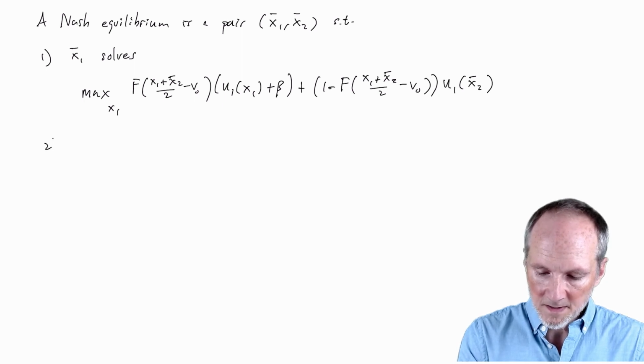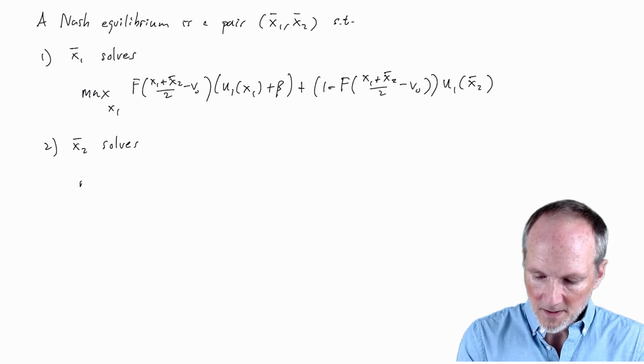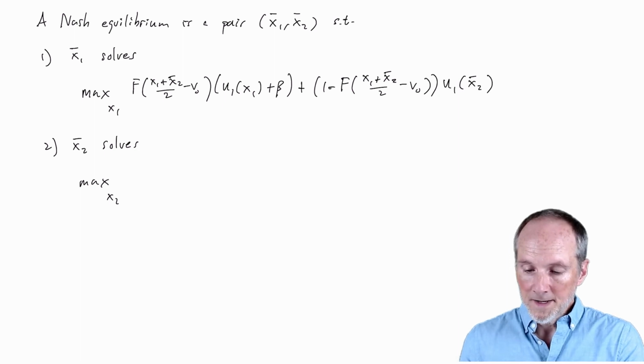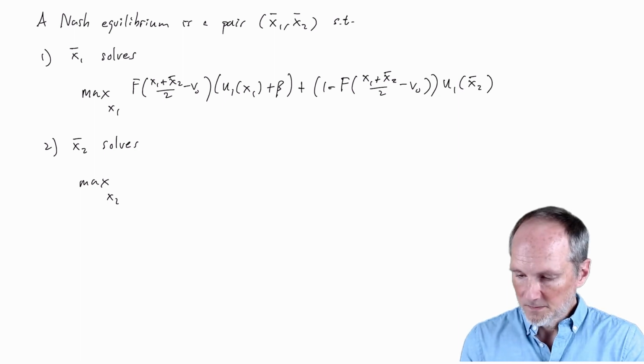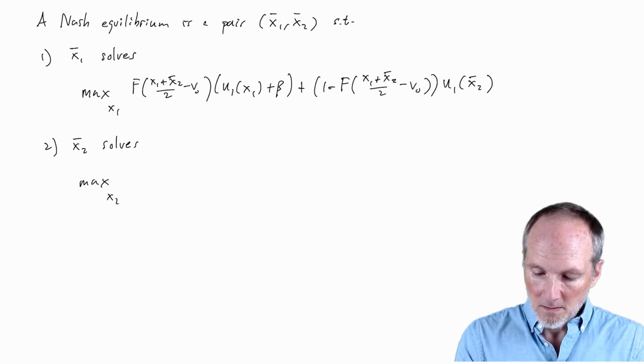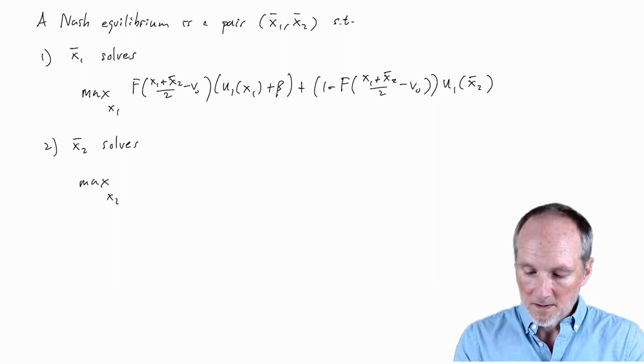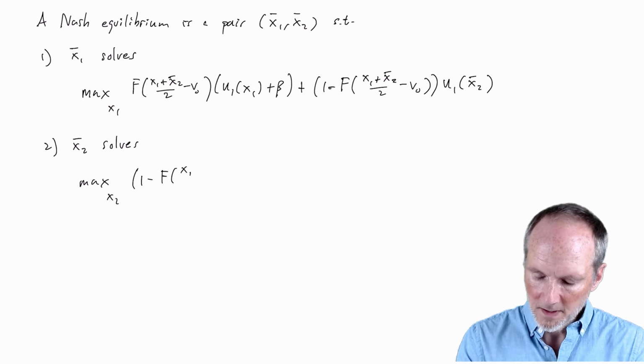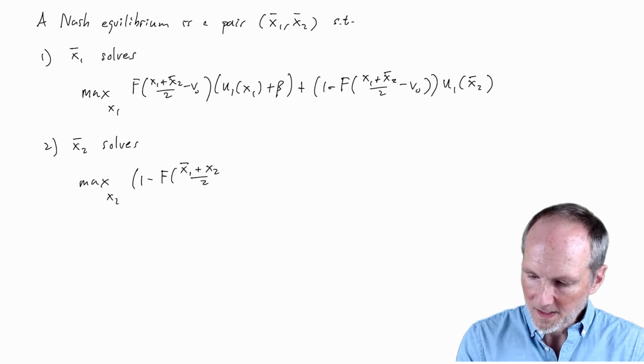The second condition is that politician 2 chooses optimally as well. So their proposal has to maximize their expected utility, which is going to have a similar form. There's the probability that the voter chooses their proposal, and now this is given politician 1's equilibrium proposal. And I keep forgetting the minus V naught.